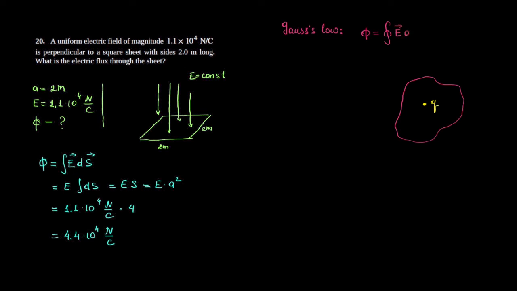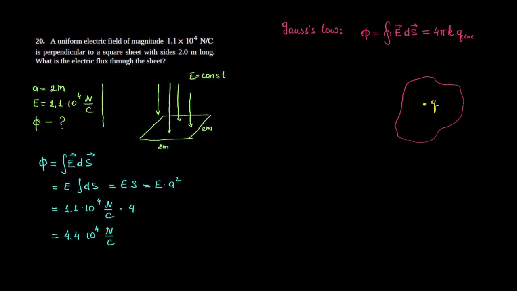E ds is equal to Q enclosed divided by epsilon 0, or let me write it, since we know K, 4 pi K Q enclosed.